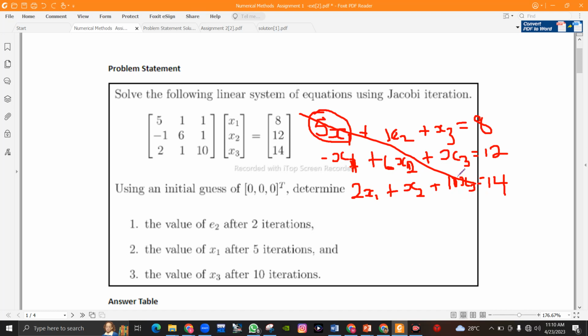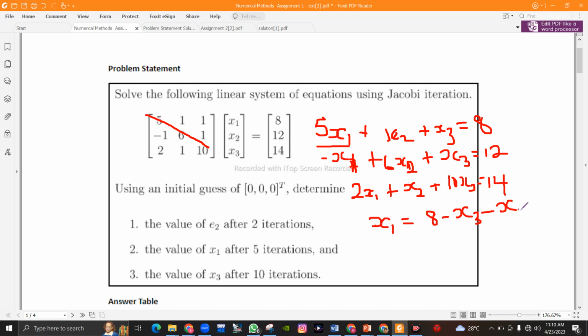For this place, we are going to use x1, which is the diagonal. So if you make x1 subject of the formula, you're going to have x1 to be equals to 8 minus x3 minus x2 to be divided by 5. So this is our x1. This is what we're going to be using for our iteration, equation 1, our x1.